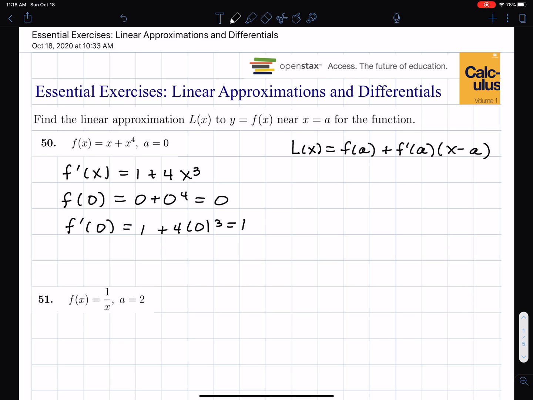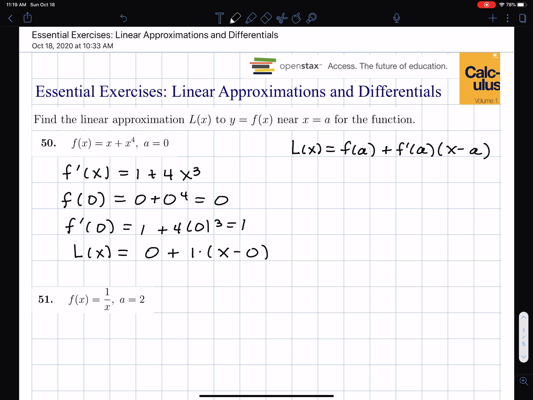So when I have f of 0 and f prime of 0, that corresponds to f of a and f prime of a because a is equal to 0 here. All right, so I just go ahead and punch that all into the formula. So L of x equals f of a, which is 0, plus f prime of a, which is 1, times x minus a.